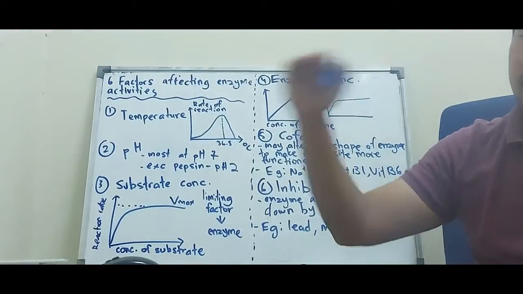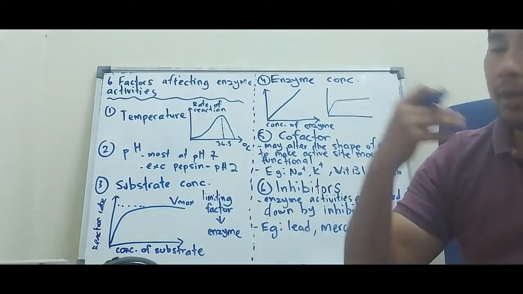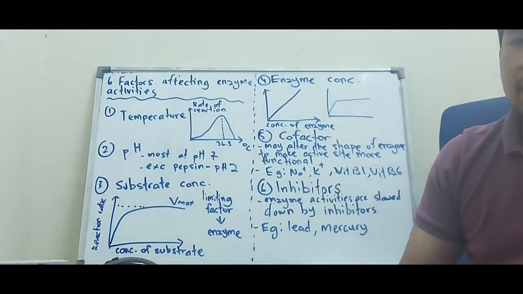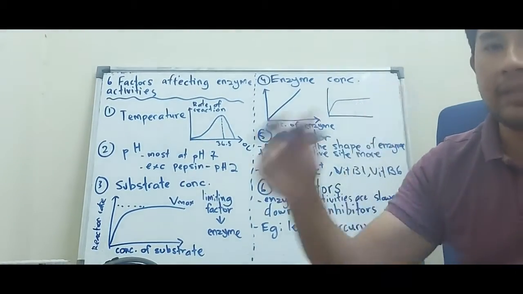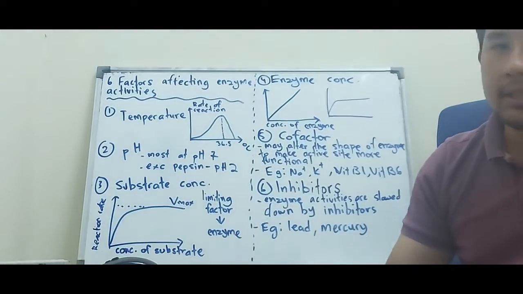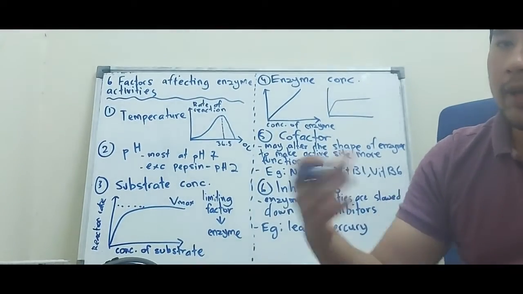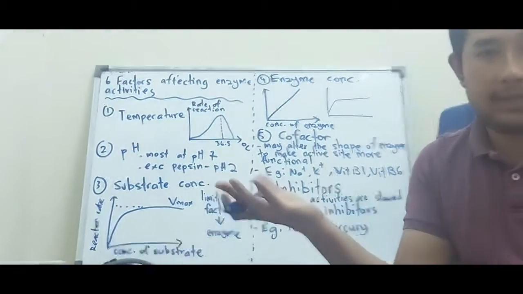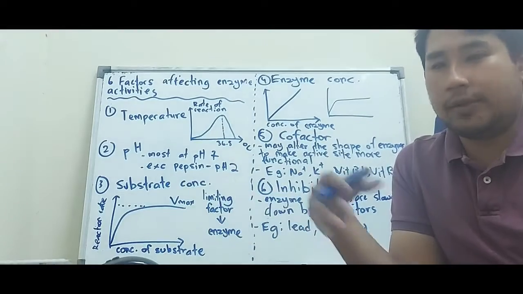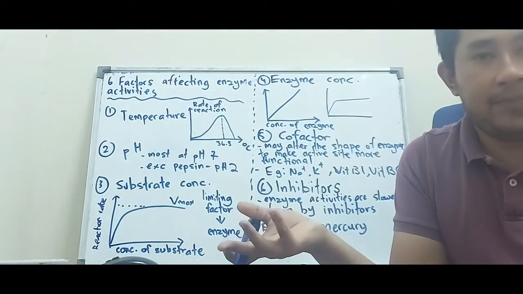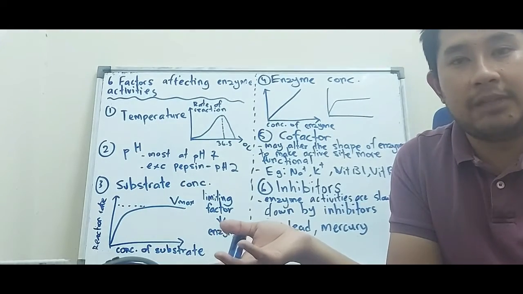You have a limited number of substrate. Even if you add more enzyme, the enzyme activity will not increase after it reaches the maximum level. Why? Because all the substrates have been converted into the enzyme-substrate complex. There are no more substrates to bind with a free active site or free enzyme.